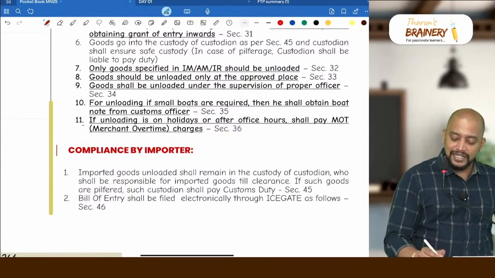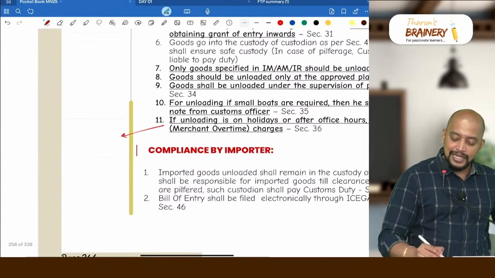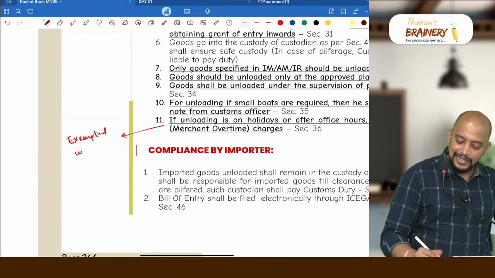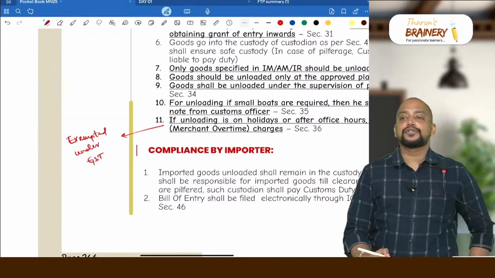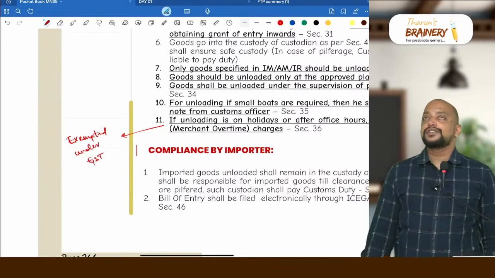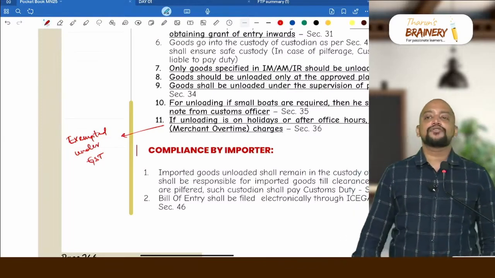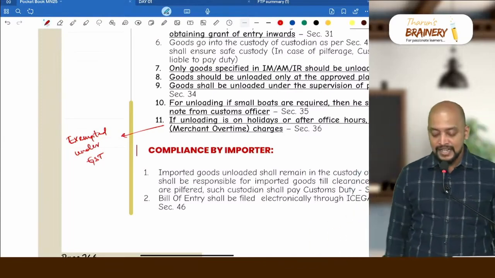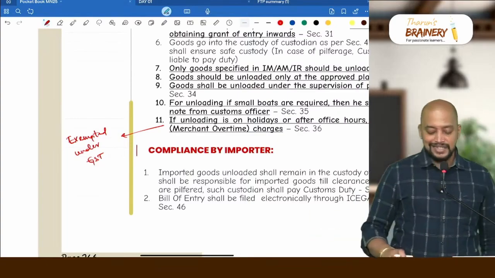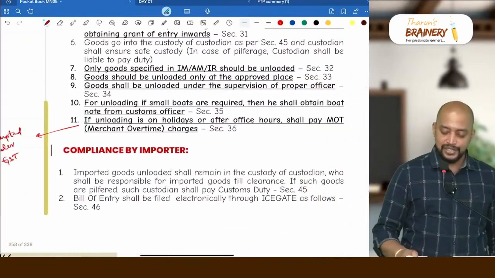These merchant overtime charges collected by them are exempted under GST. In GST, we have exemption with respect to services provided by government to business entities. In that, we have a list of 14 specific exemptions. In those 14 specific exemptions, one exemption is merchant overtime charges under customs. So there won't be any GST on this.